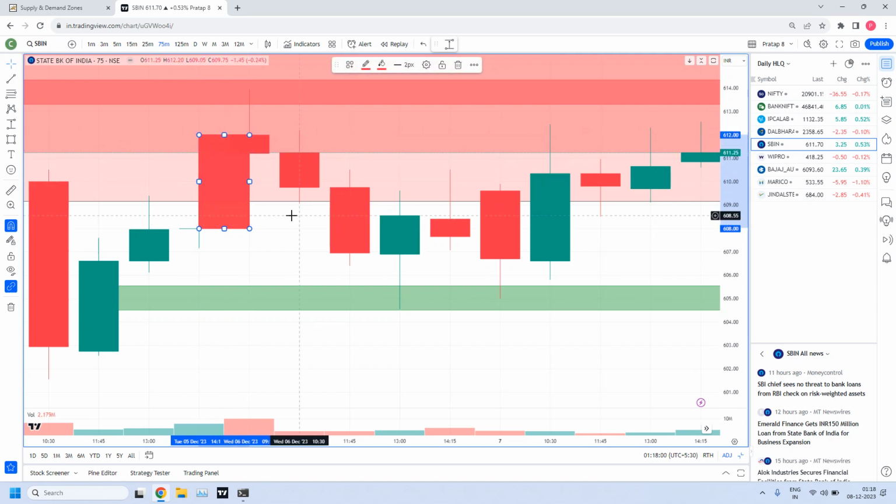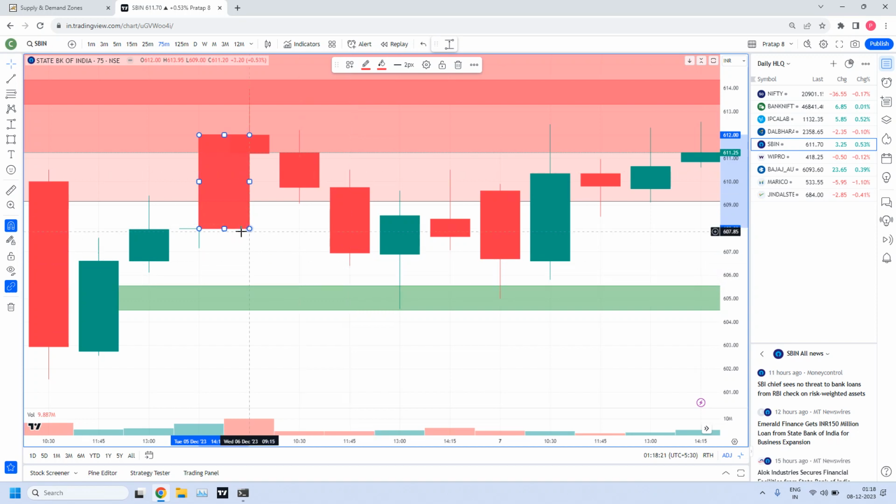Now how does this candle look? Does it not look like a leg candle now? On top of that, there is a wick also. Completely now you can accept this is an ERC candle, expanded range candle. And then you have a base candle, and then you have a drop candle.